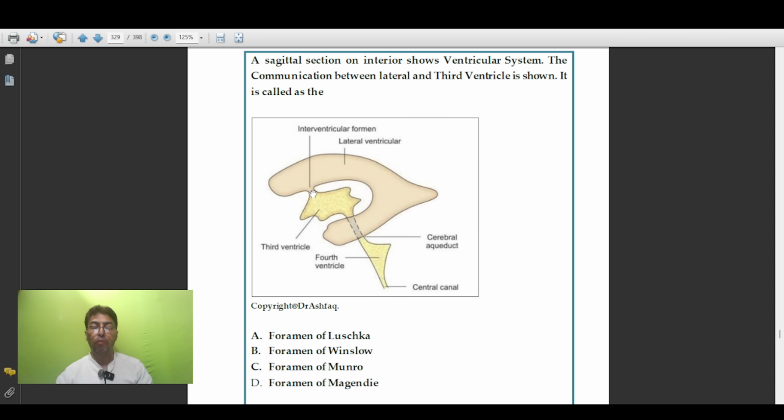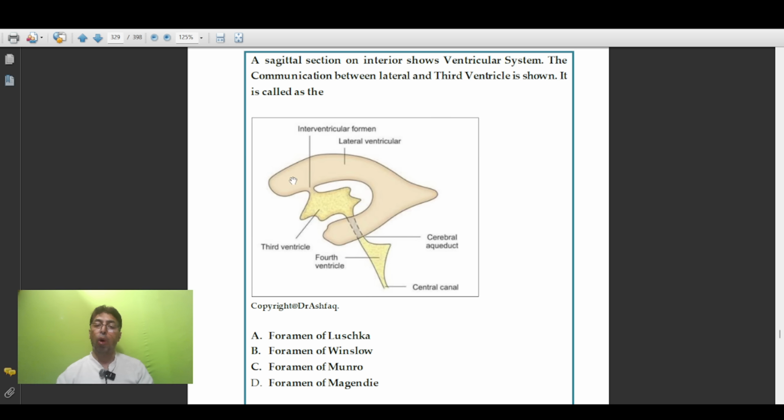As far as your profound knowledge of neurophysiology, neuroanatomy is concerned, neurosurgery is concerned, you remember that the area between the lateral ventricle and the third ventricle is guarded by a foramen which is given the name as interventricular foramen, and that is named after Monro, because the CSF, the bulk of the CSF is produced by the choroid plexus of the lateral ventricle and less so by the choroid plexus of the third ventricle.